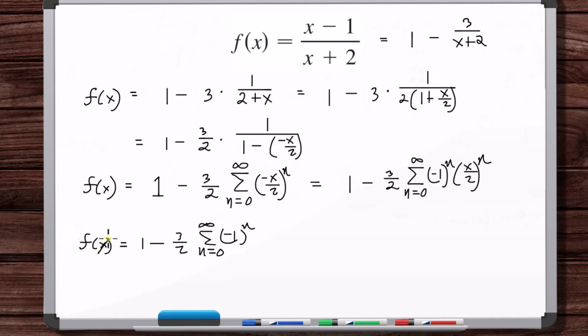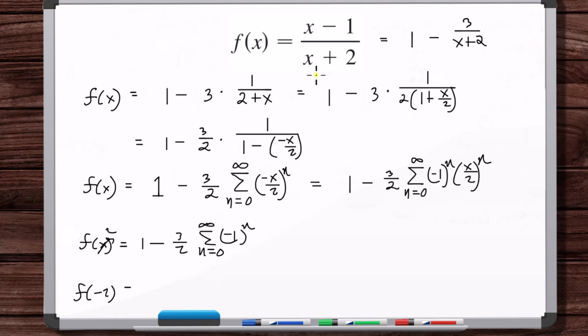Okay, f of -2, you get -1 to the n times -1 to the n, which is -1 to the 2n, and so -1 squared is 1, or you could just say -1 times 1 to the n. So it's just this. That's also divergent. So, okay, the interval is -2 to 2, not including the endpoints.